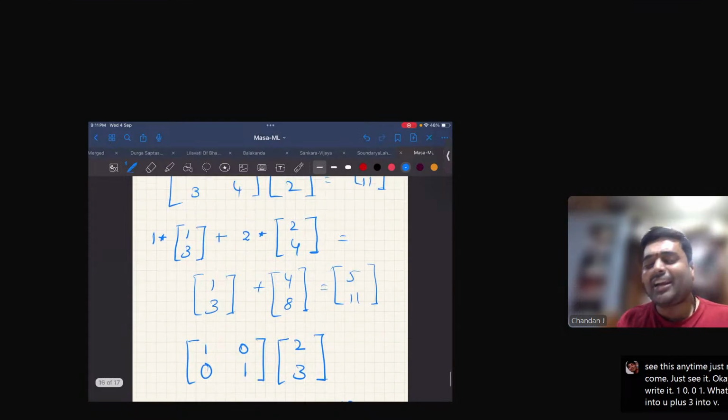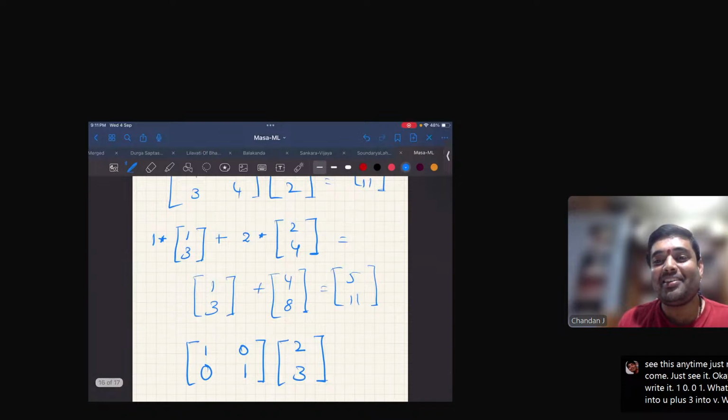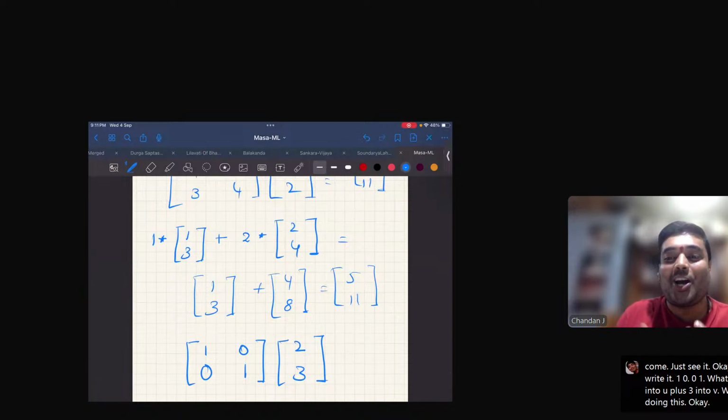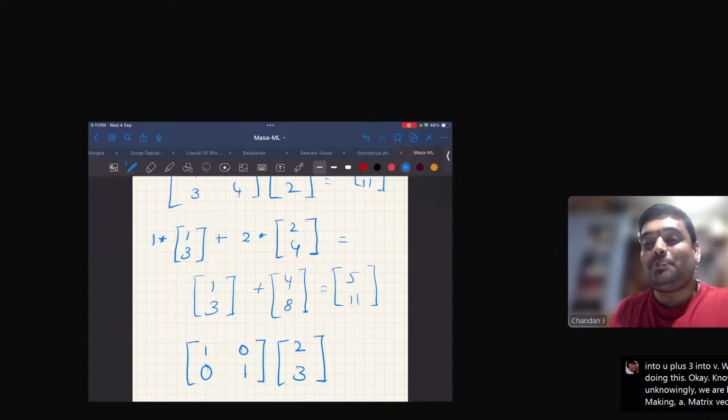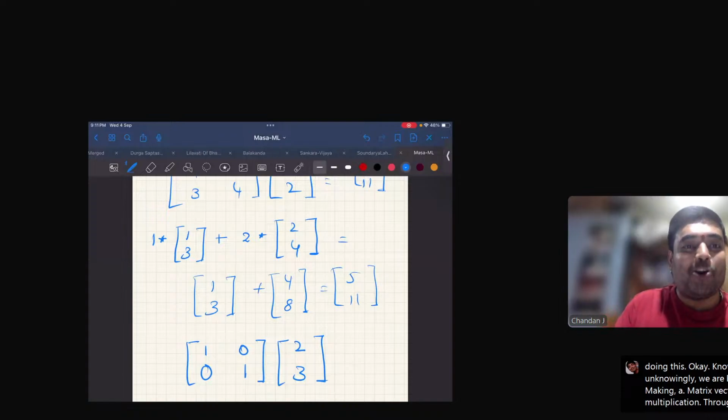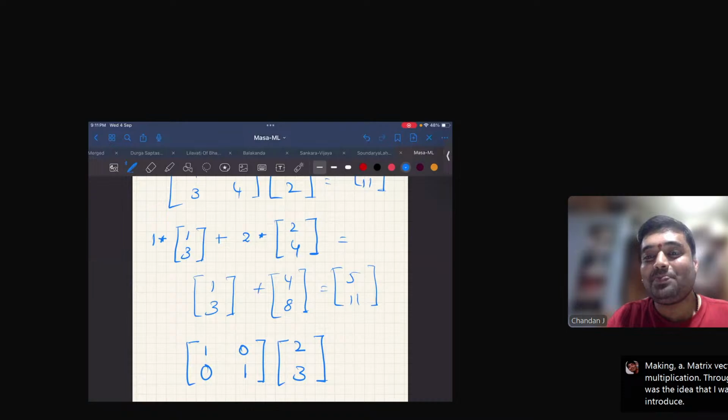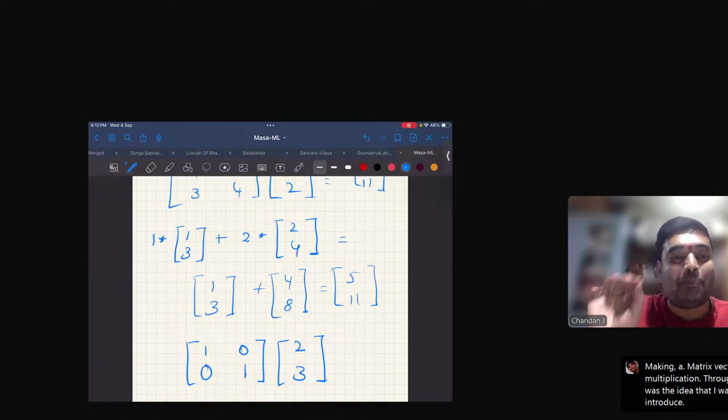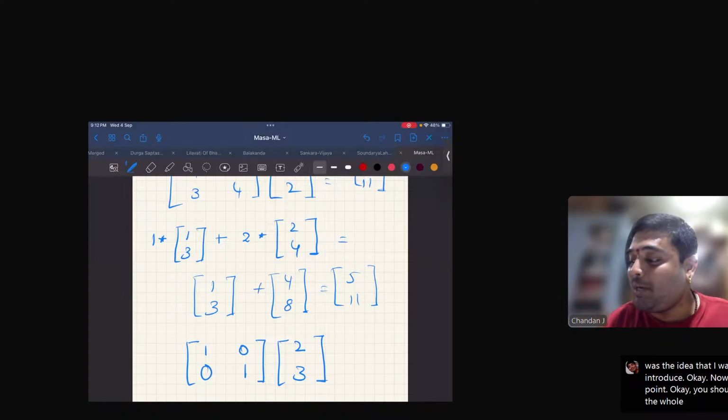We are exactly doing this. Knowingly or unknowingly, we are basically making a matrix vector multiplication throughout. That was the idea that I wanted to introduce. Now you get the point. You should wait for the whole story to complete.